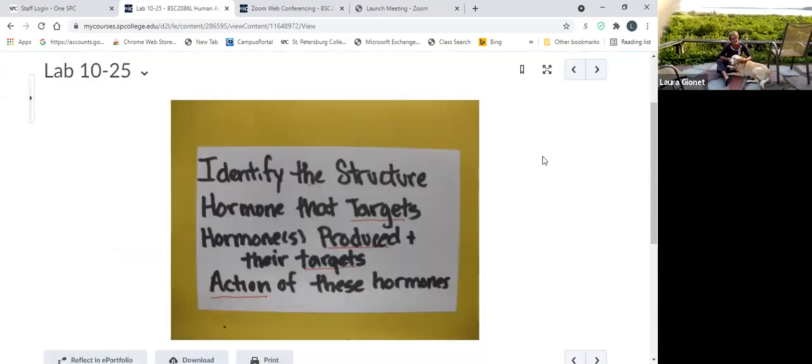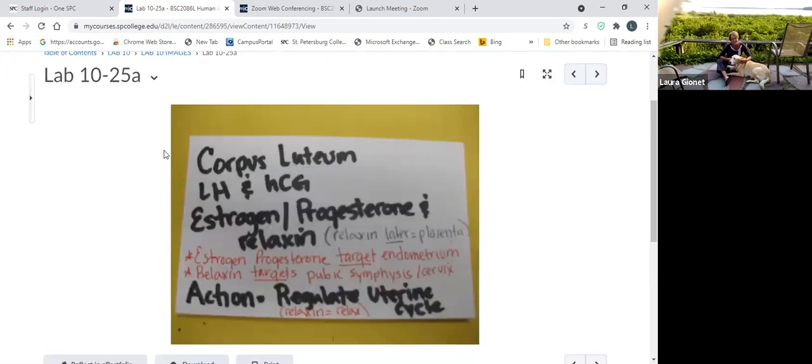Okay, identify the hormones that target it, what are their functions. It's a corpus luteum, luteinizing hormone, and HCG.